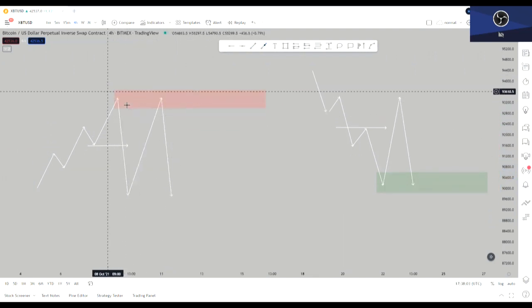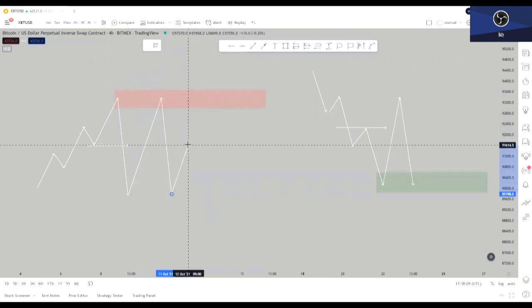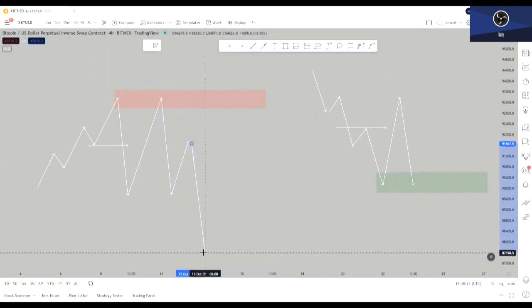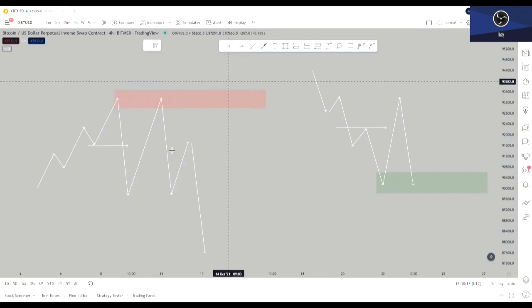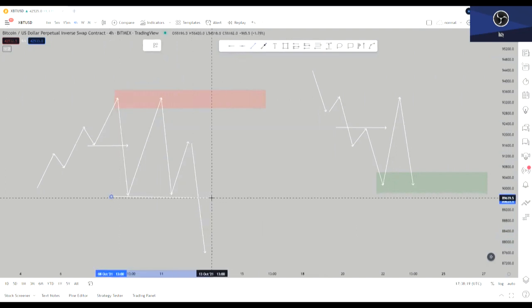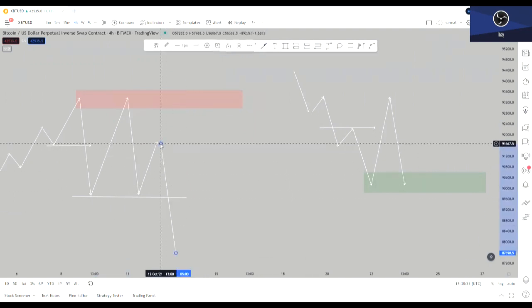What we will be looking for is if price action forms lower levels, so maybe a lower high and then a lower low, breaking new structural points. Then what we can look for is valid supply and demand levels again.